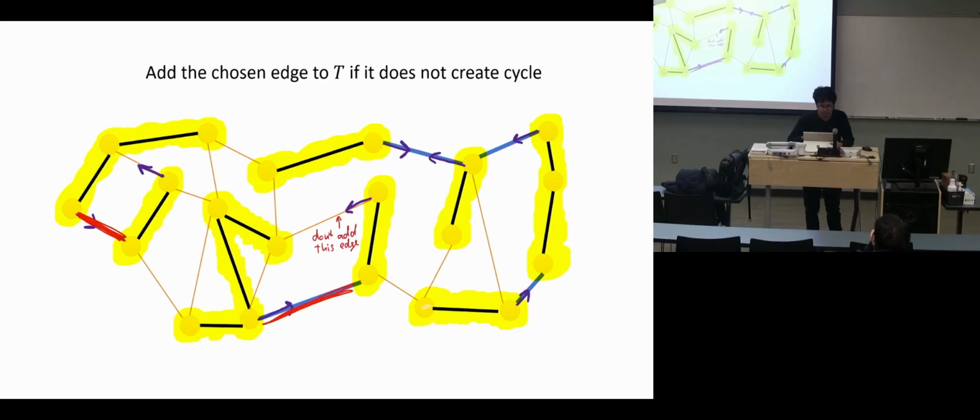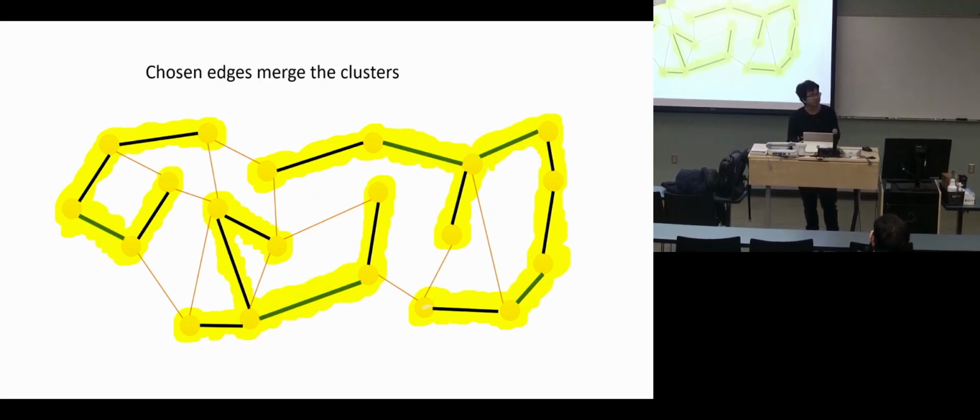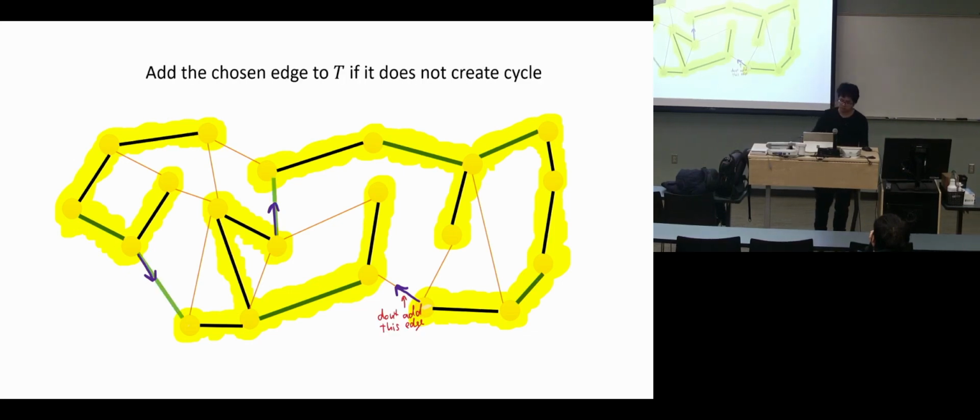This one you add. This one you shouldn't add, and so on. So you add these edges, merge the clusters, and then finish the second round and continue to the next round, and so on.